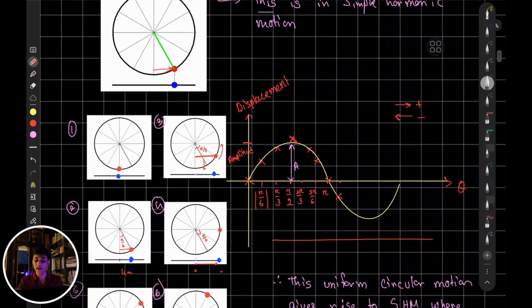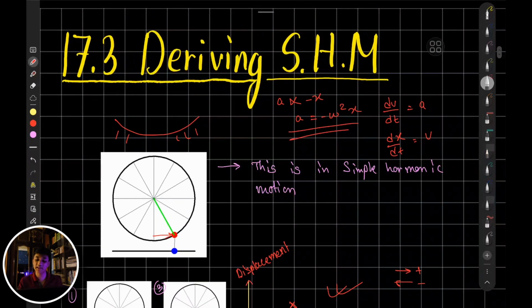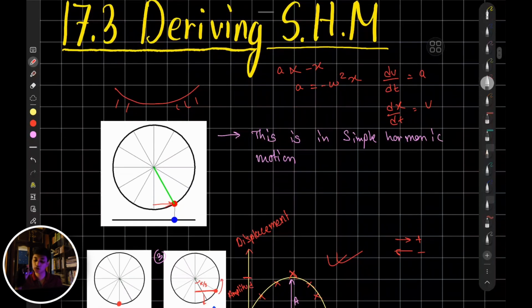So right now we have a curve which is displacement against theta. This is not going to help us in getting the main equation. So what do we need to do? We need to draw the graph or curve in terms of time. If we can draw displacement against time, we can get velocity, and from velocity we can get the main equation for acceleration. So let's try and do that.